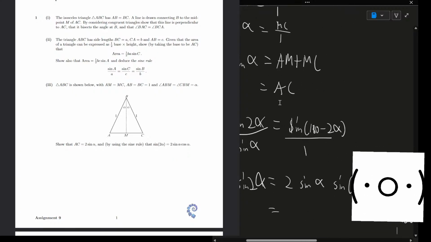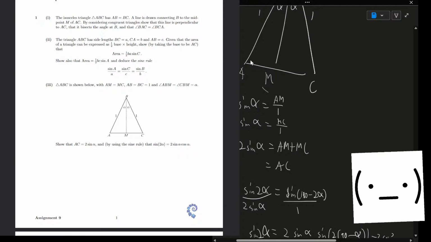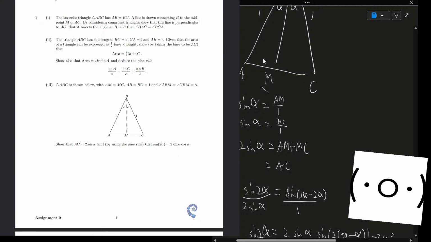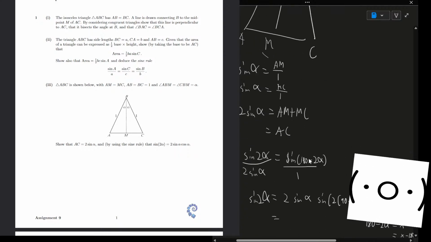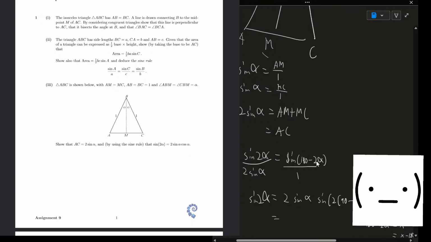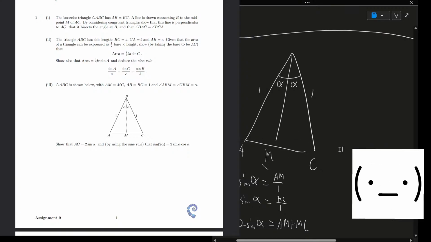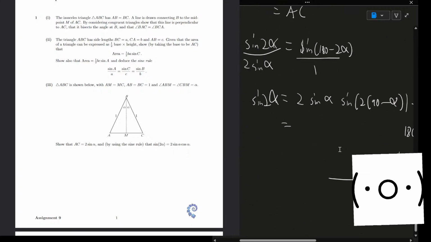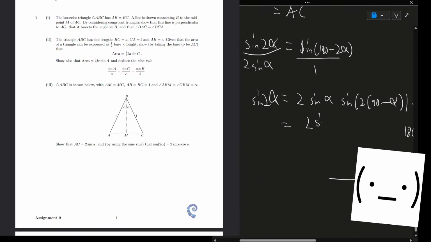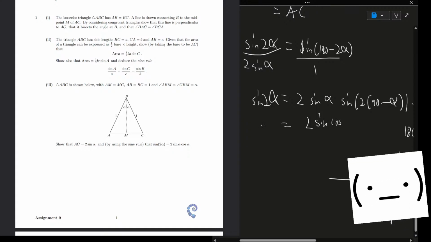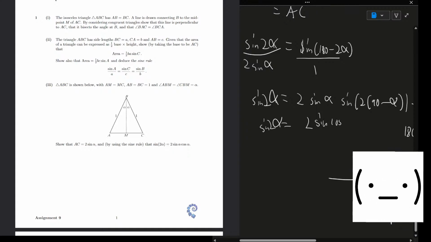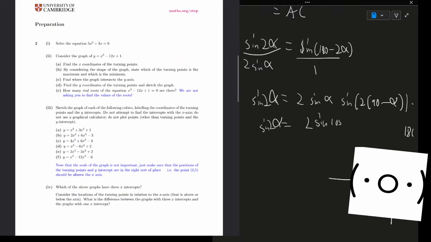Oh, I get it. You're supposed to divide this by 2 because it's split into 2 angles. Because 180 minus 2 alpha is actually equal to this plus this. So you're supposed to do it in 2. So that means this is in fact 2 sine, cosine, cosine. I'm a dumbass.